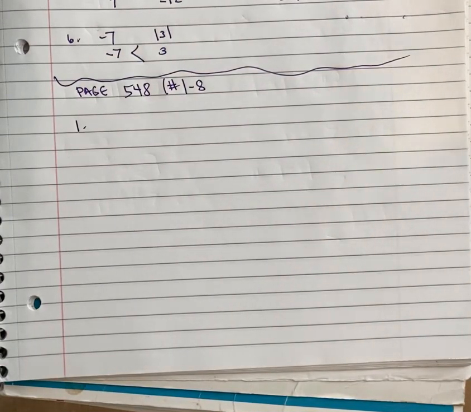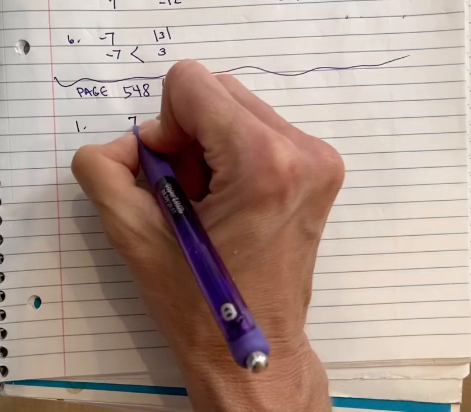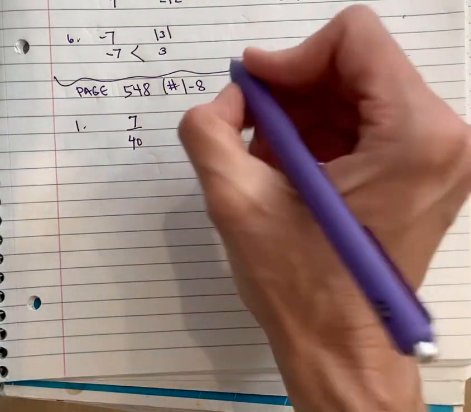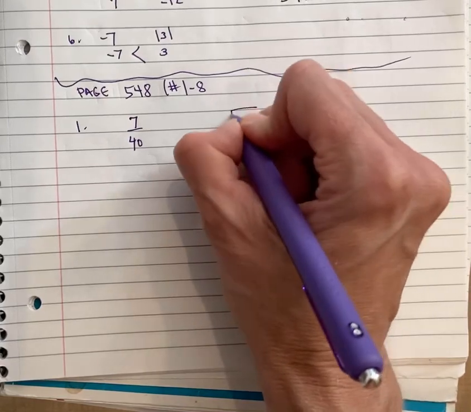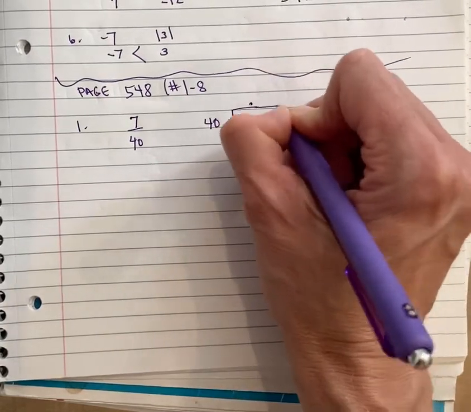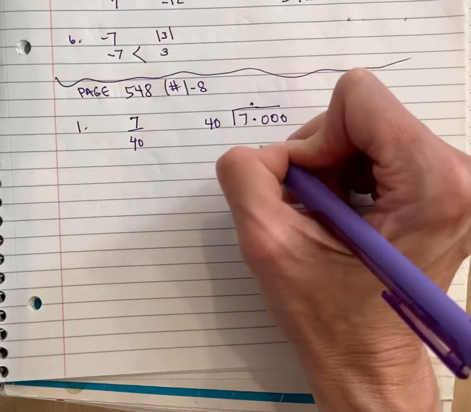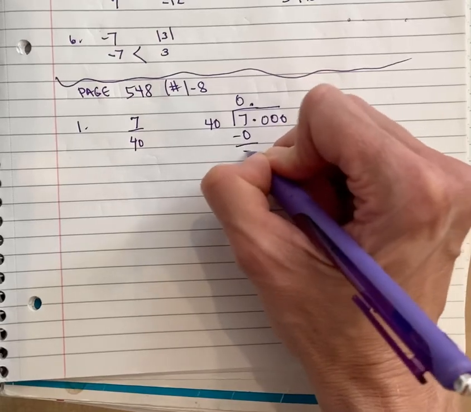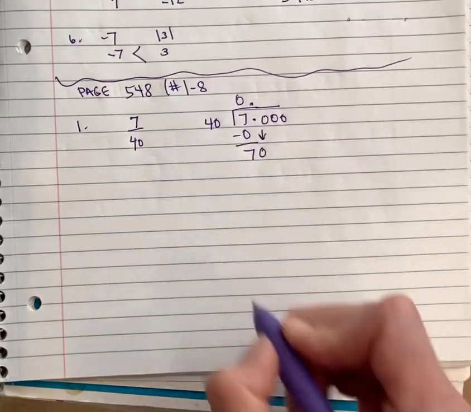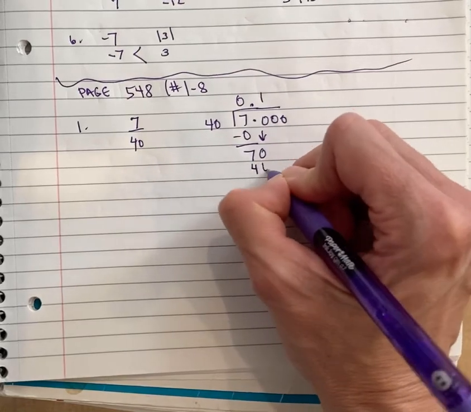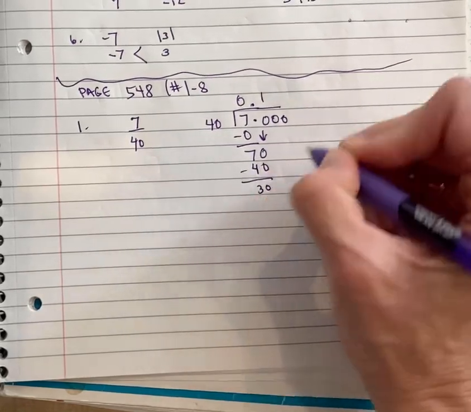So we have to take our fraction, 7/40, and write it as a decimal. So we would divide 7 by 40, numerator always by denominator, decimal hop 3 zeros. 40 goes into 7, 0 times, subtract, I get 7. 40 goes into 70 once, subtract, and I get 30.